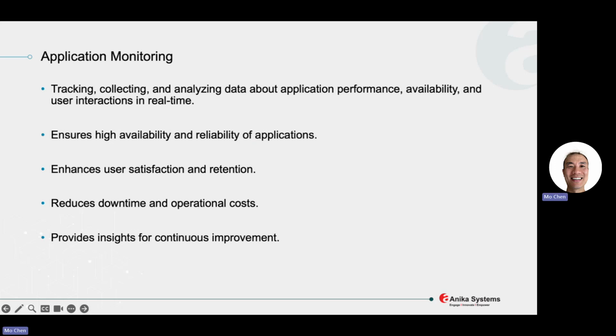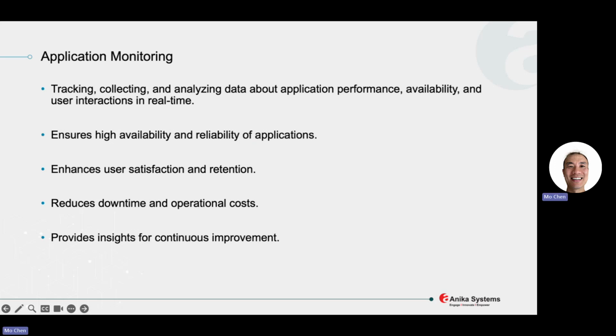There are some common challenges we may see when monitoring and optimizing the application. One of them is the complexity of modern distributed systems, which makes us need different methods to monitor front-end and back-end.